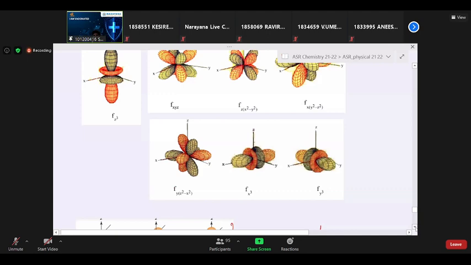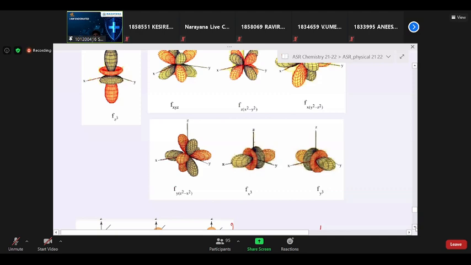This is exclusively for advanced, and a corner point of advanced. Mostly a very rare question they might ask on this point, but I'm trying to cover that also. There are two kinds of orbitals: gerade orbitals and ungerade orbitals.